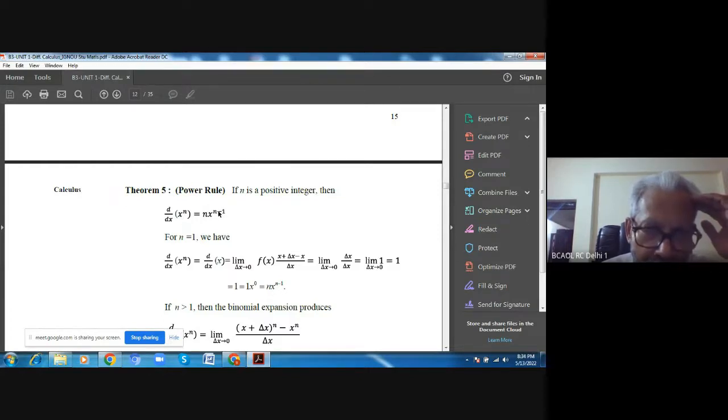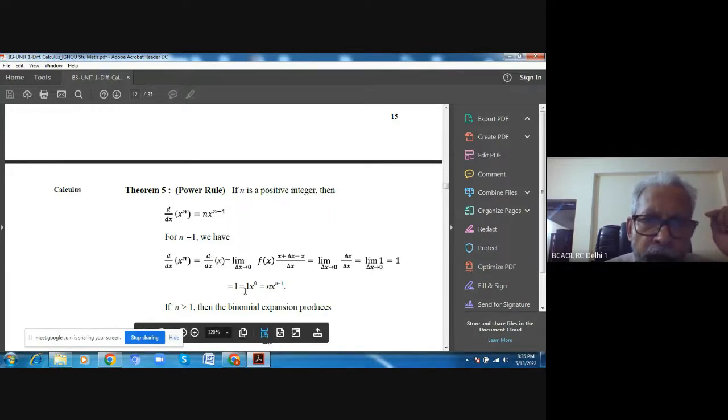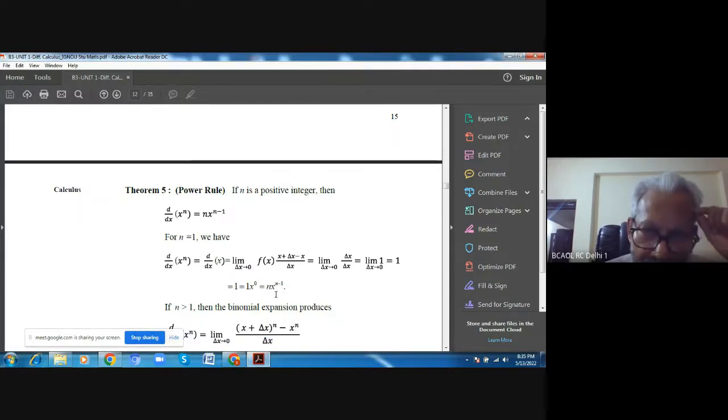So n minus 1 will come in the power, and the n will come in front. Suppose, for example, you put n as 1, what will happen? It will be n into x to the power n minus 1. So the formula comes based on this only.